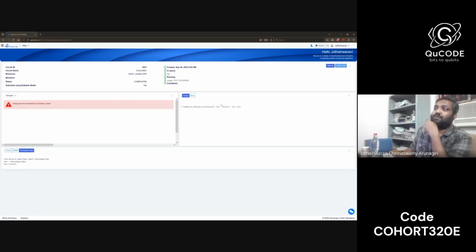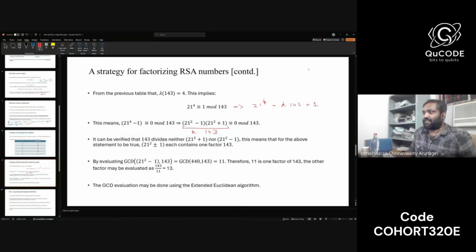Yes, it shows a equal to 123 and it factorized and gave me the factors 11 and 13. So whatever Shor's algorithm has been defined on this platform, it is able to factorize 143. I just ran this program here and I've shown it. Don't worry, there is going to be more in the demo. So we'll come back to it in just a moment.